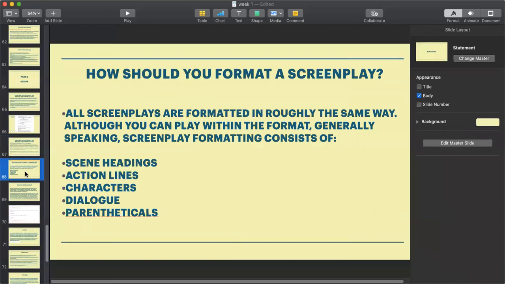So as I told you before, a script is a technical document. It's not only the blueprint of a movie. It does not only contain all the information about the movie, but it contains it in a specific format.